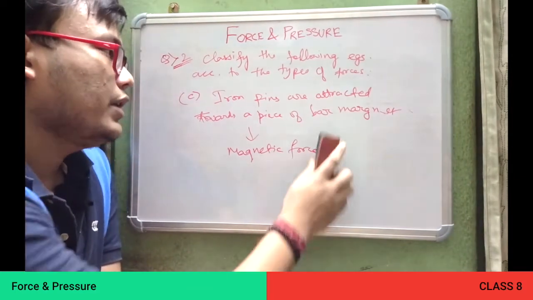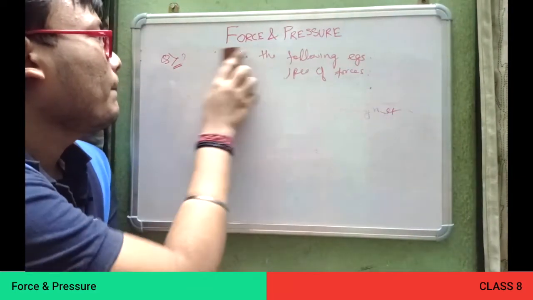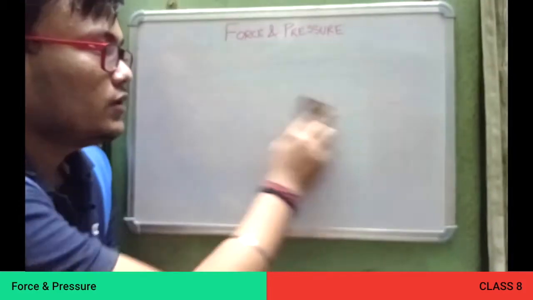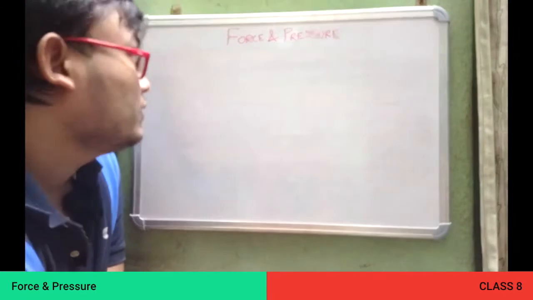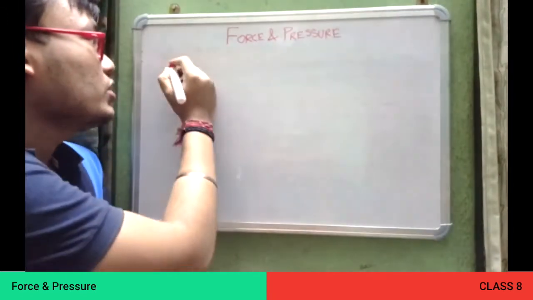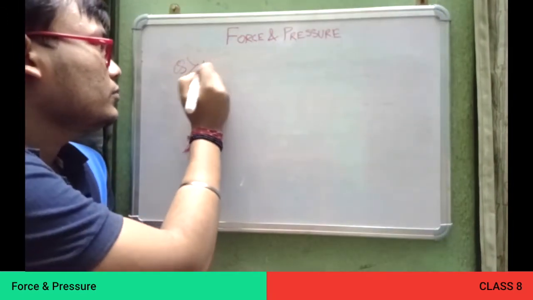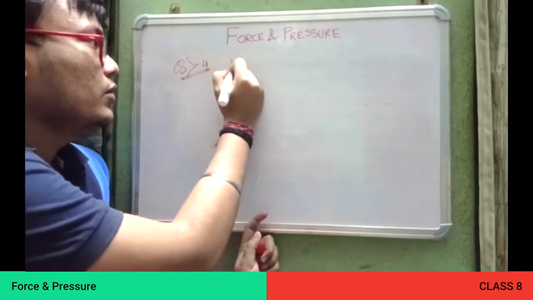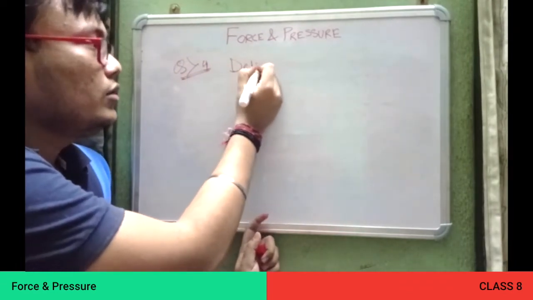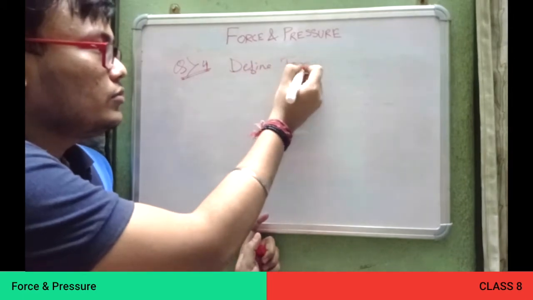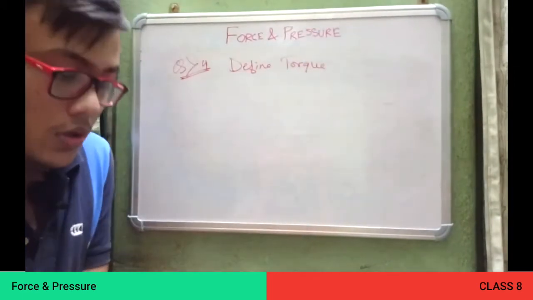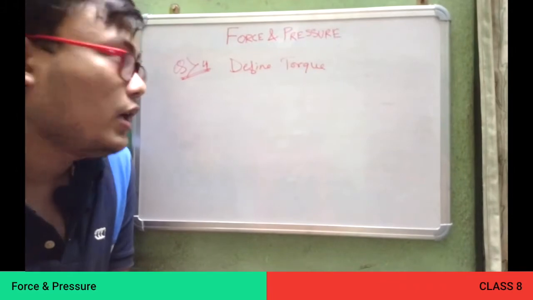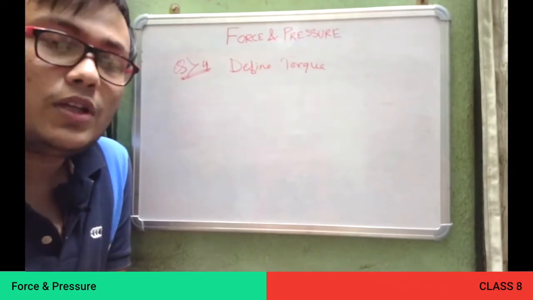Now moving to the next question. Sorry, this was question number 3. So question number 4 is often asked: define torque. Now I had explained torque to you in my first video.